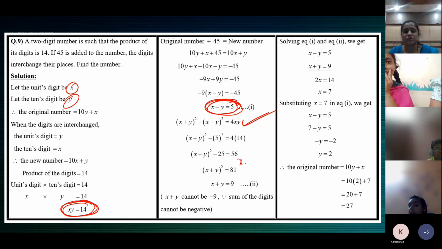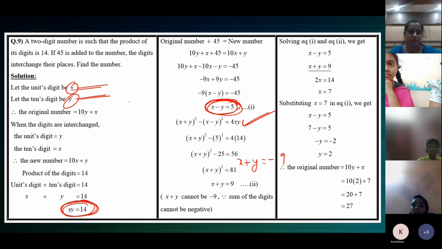You cannot have x plus y is equal to minus 9. Why? Because x is the digit in the units place and y is the digit in the tens place. The sum of the digits, say the number is 256, will be positive. The sum of the digits cannot be negative.